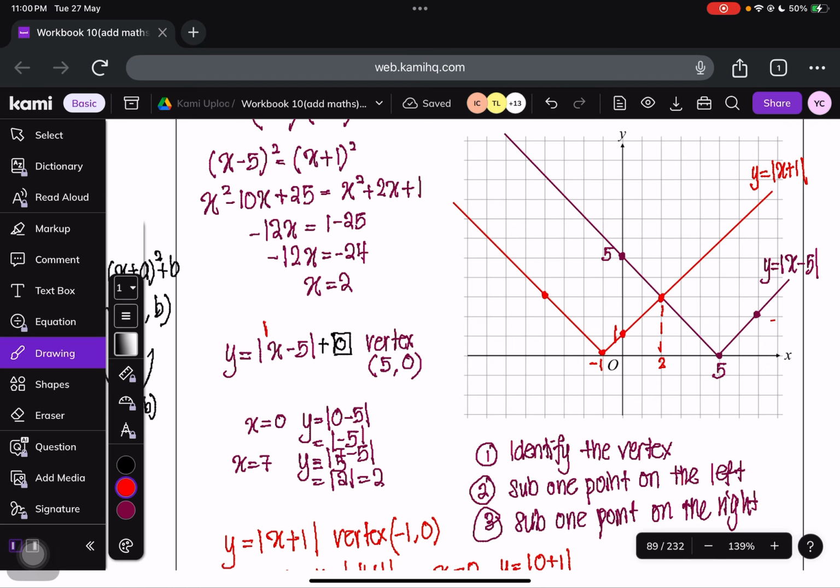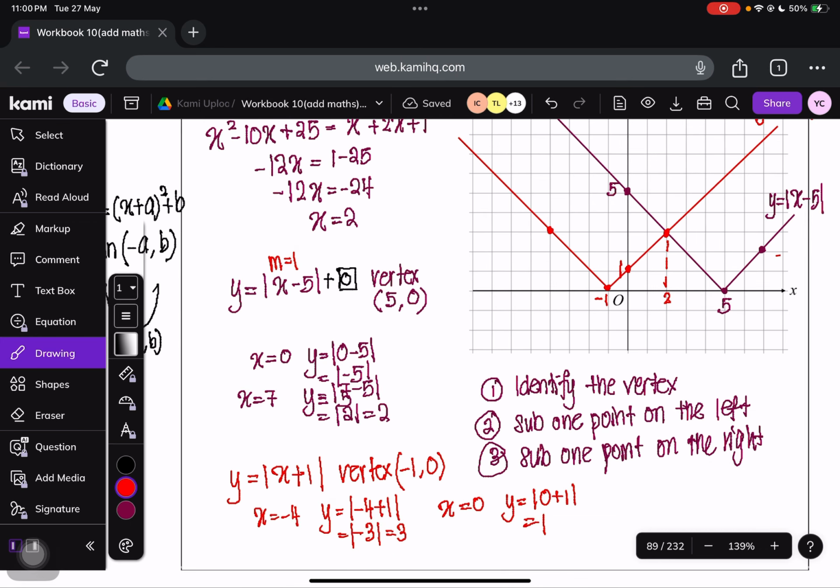Your gradient is 1, mx plus c, so gradient is 1. This x plus 1 down here, the gradient here is also 1. So if both gradients are the same, they only cross 1 point. If the gradients are different, then they will cross 2 points, and you must draw crossing 2 points, otherwise your answer will be wrong. So in this case, m equals 1 and m equals 1, they are the same number, so they will cross 1 point only.